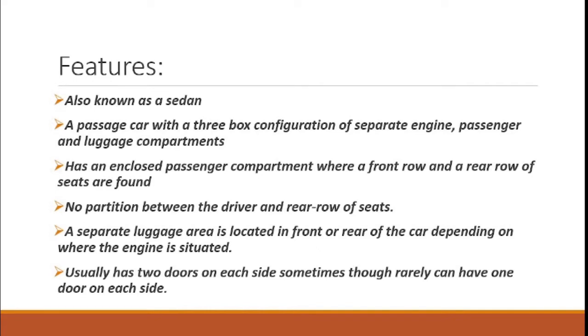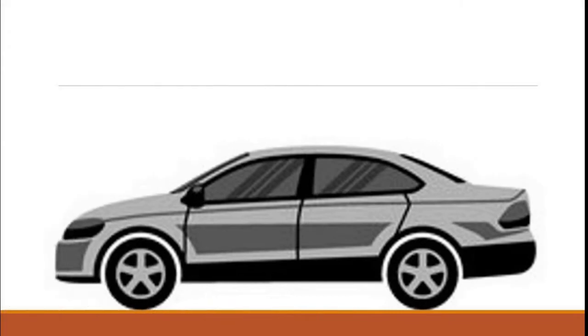Sometimes, though rarely, you can have 1 door on each side, and when you have 1 door on each side, it means that the front passenger seat can be collapsible so that we have access to the rear row of seats. So that's how basically a saloon car will look like.